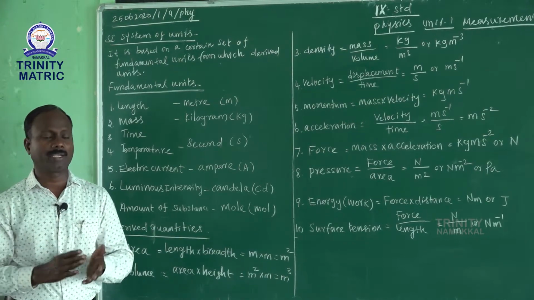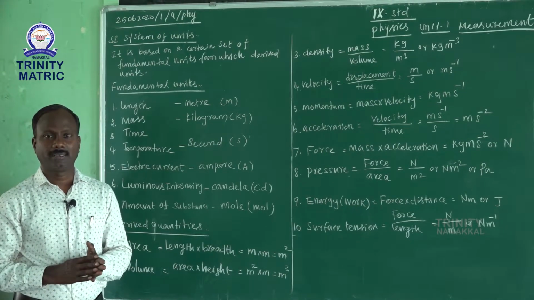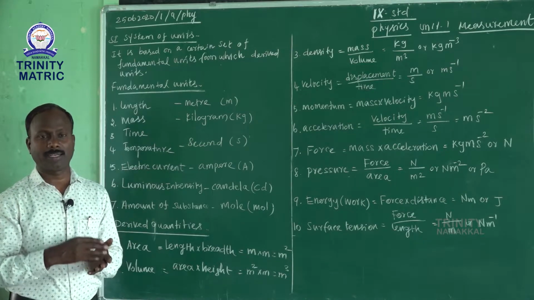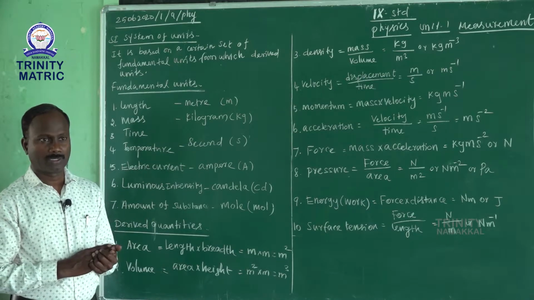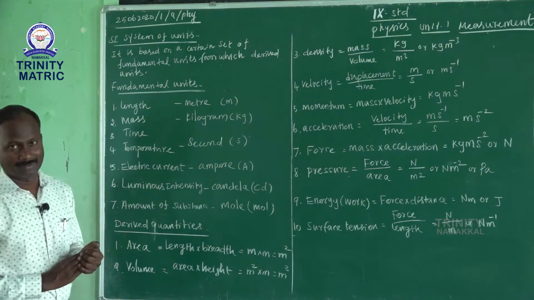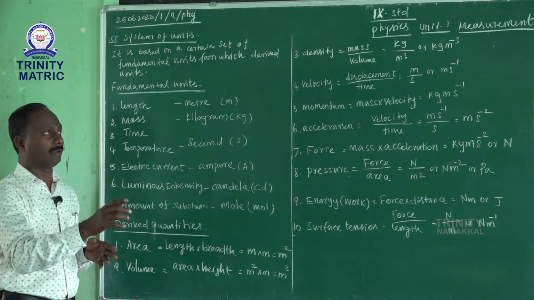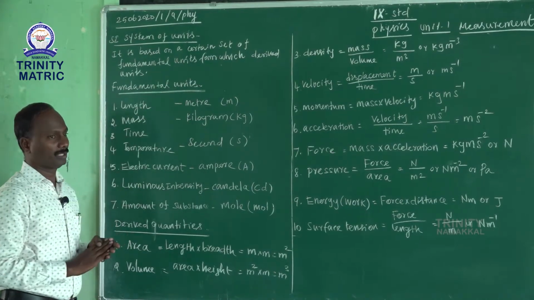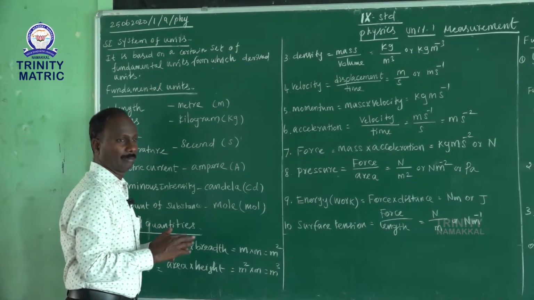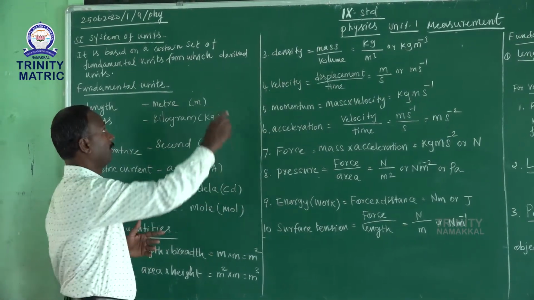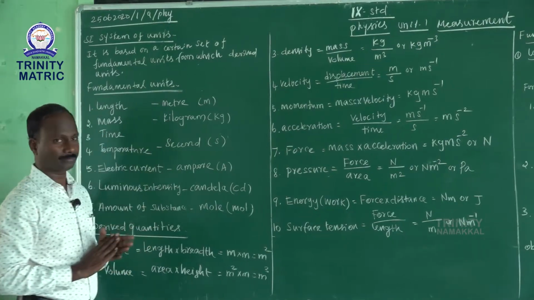A derived quantity is a quantity derived from other physical quantities. The units that measure the fundamental quantities are called fundamental units. The units that measure the derived quantities are called derived units.